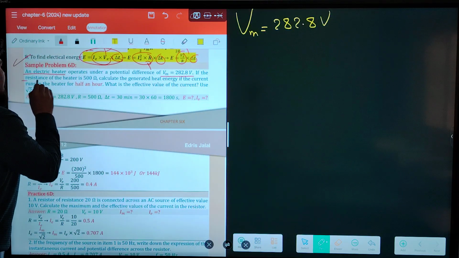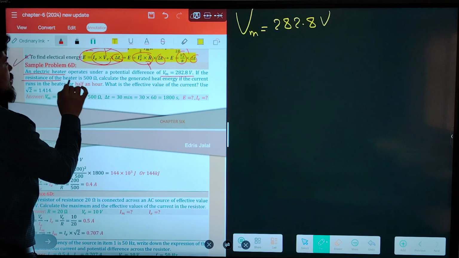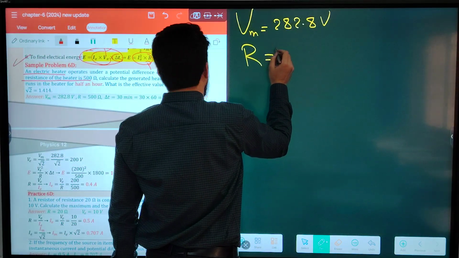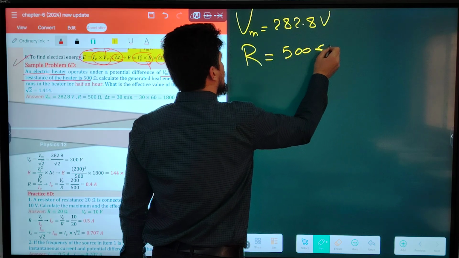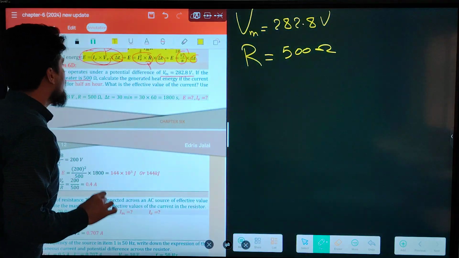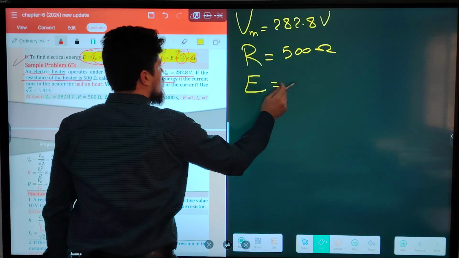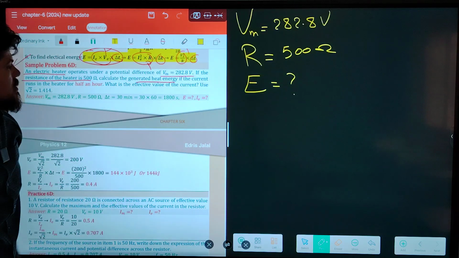So it means that this question is about the pure resistance in an AC circuit. If the resistance of the heater is 500 ohm, this device that's connected with this source has a resistance of 500 ohm. Calculate the generated heat energy. What is unknown? The generated heat energy, the energy dissipated in the resistor.